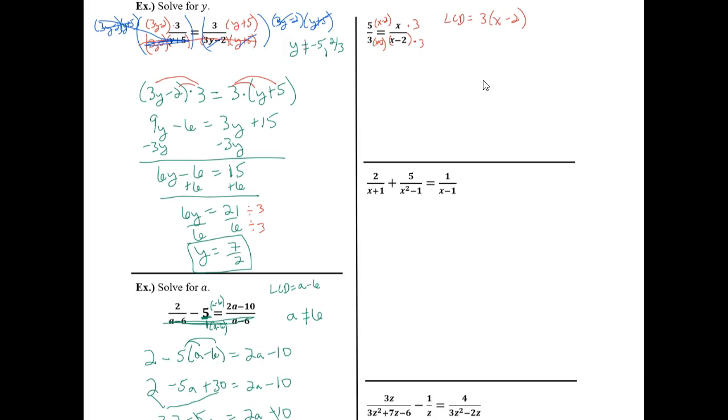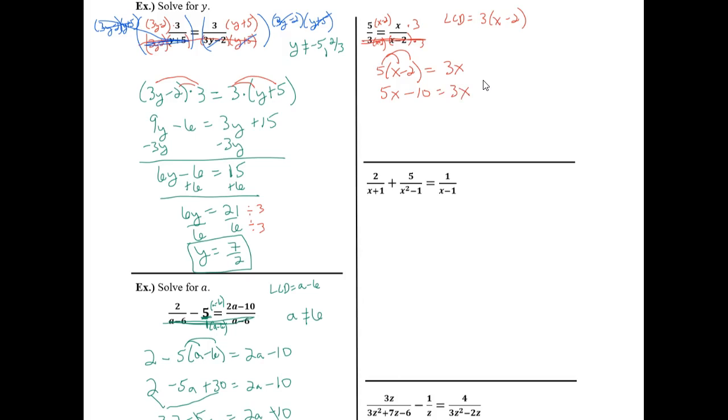Once the denominators match, I can clear those denominators by multiplying everything by the LCD. What is left is 5 times x minus 2 equals x times 3, or 3x. I would distribute to get rid of those parentheses.